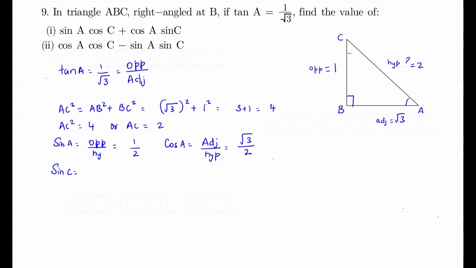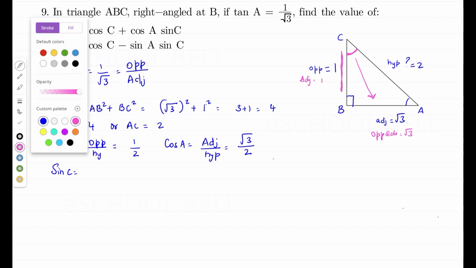So this is angle C. The side opposite to that is the opposite side, and the side which is adjacent to it is the adjacent side, the base. So here adjacent will be 1 and opposite side will be root 3 when it comes to sin C.